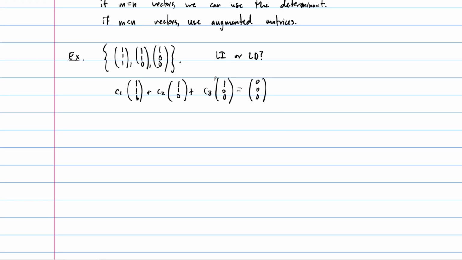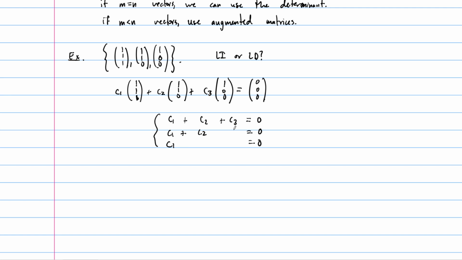And then when we add this up to make our system of equations, the three equations will be C1 plus C2 plus C3 equals 0 across the top. The second row will be C1 plus C2 plus 0 C3 equals 0. And then the third equation is just going to be C1 plus 0 equals 0. This one's easy to solve by back solving, right?